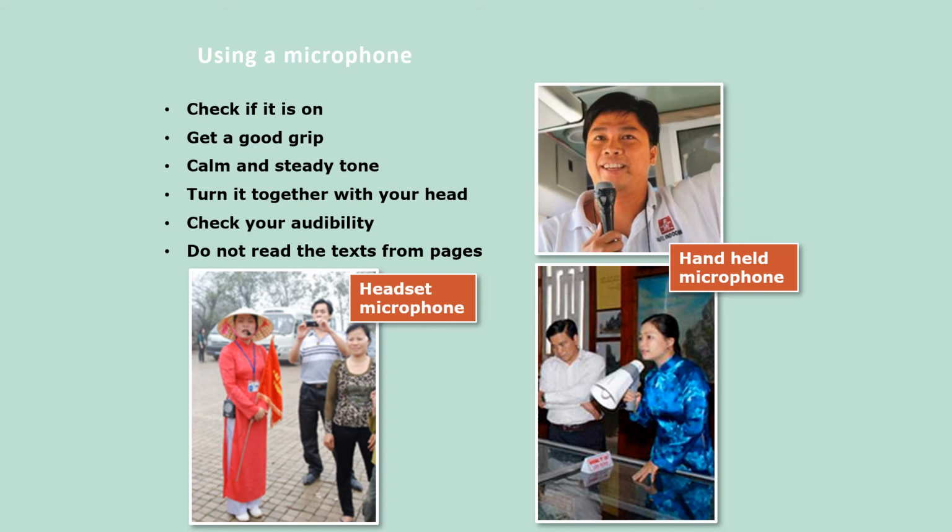And then you have to get a good grip, stay calm with a steady tone, and you can turn it together with your head. Then you have to check your audibility by asking the audience, is my voice clear? Something like that.